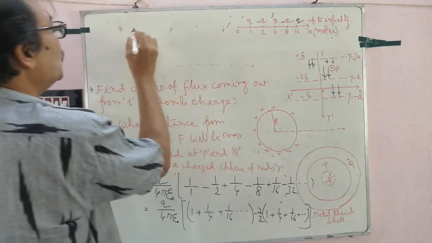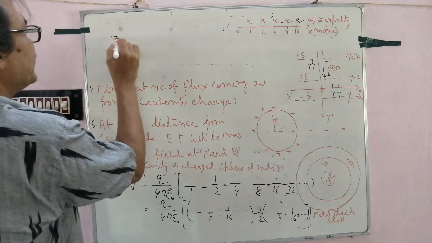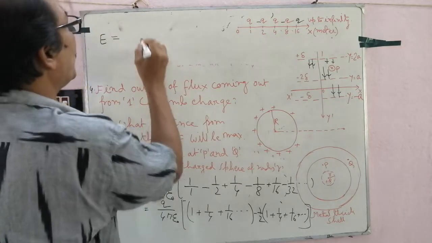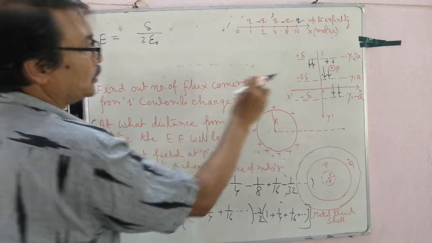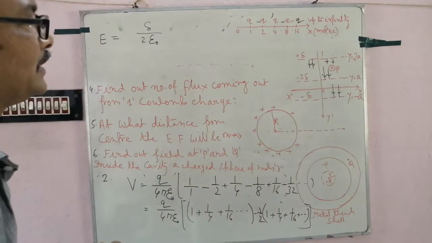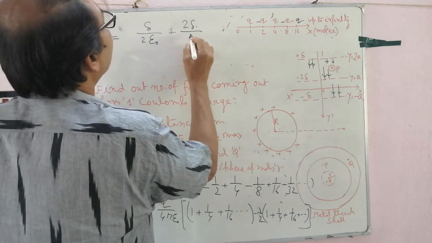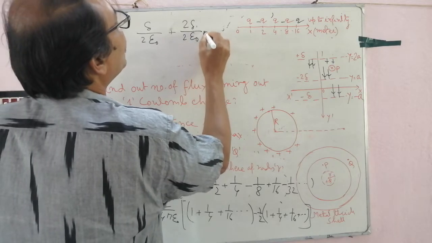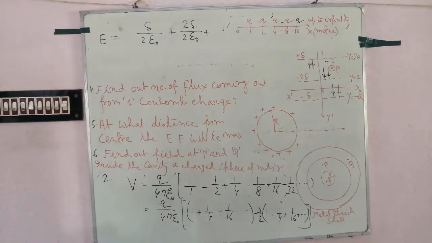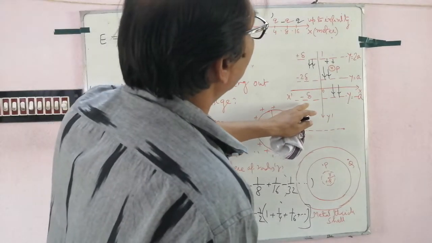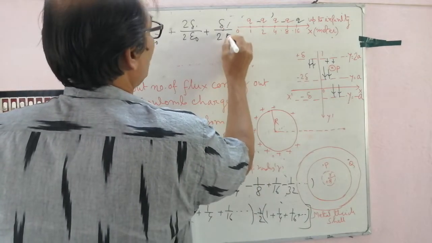For a thin sheet, we know from my application of Gauss's theorem, the electric field intensity is equal to sigma by 2 epsilon naught for the first, plus 2 sigma by 2 epsilon naught for the second, plus sigma by 2 epsilon naught.